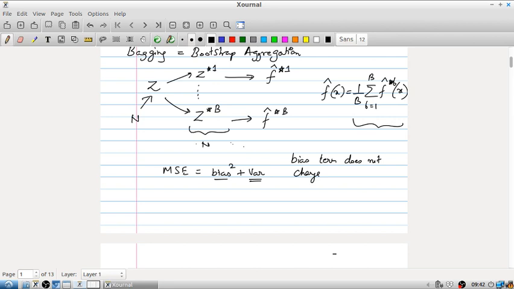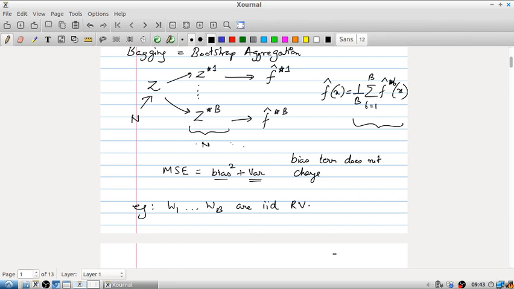I won't illustrate it in terms of the model context, but I'll illustrate this fact, which you already know, for a simple collection of independent and identically distributed random variables. Let's say w1 to wB are IID random variables.